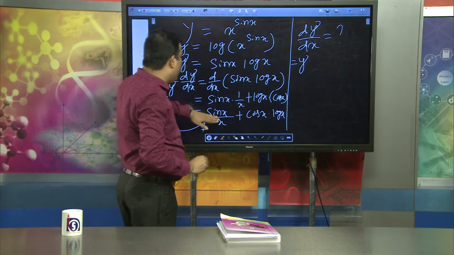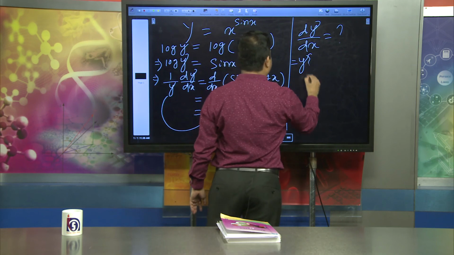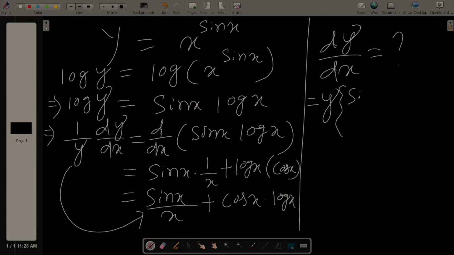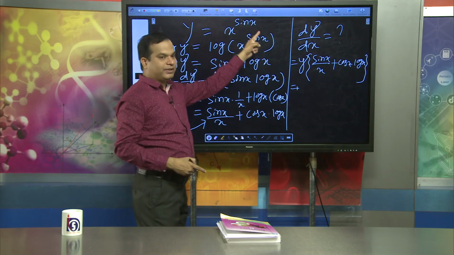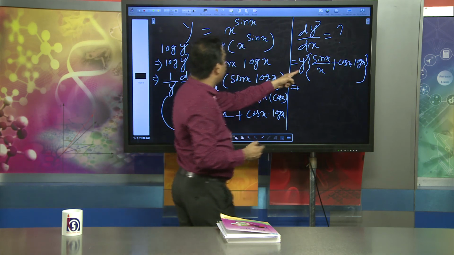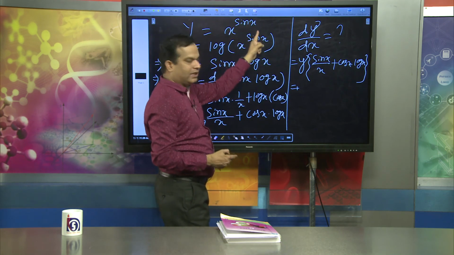So, I can write y multiplied with sin x by x plus cos x into log x. Okay. Now, what is the value of y? I have taken y as x raised to the power sin x. So, in place of y I can write x raised to the power sin x.